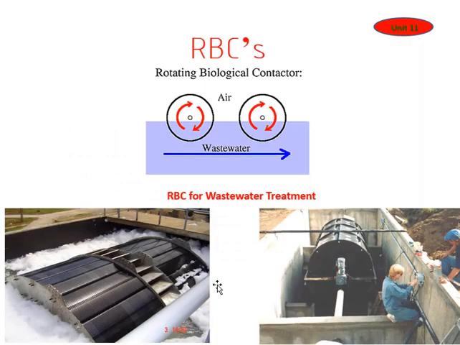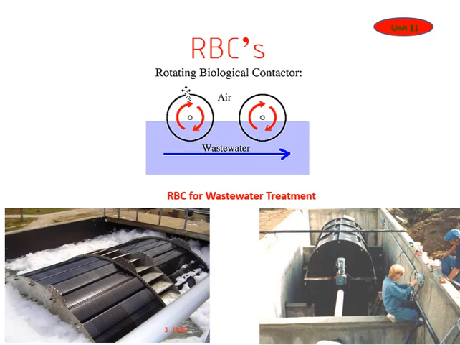There is one more type of treatment, which is called RBCs, rotating biological contactors. These are drum-type units in which we grow bacteria. This is wastewater, and these are the drums, and bacteria grow on these drums. When the drum is rotating, as it goes inside, the bacteria on the surface take the waste material as wastewater passes through.